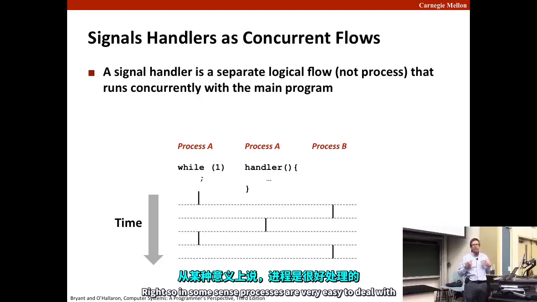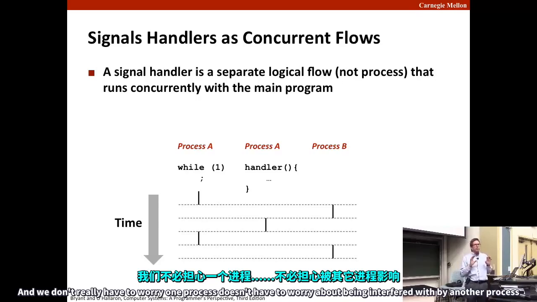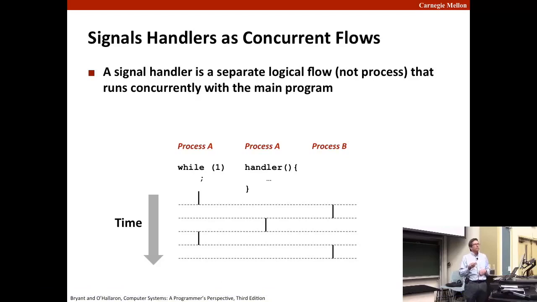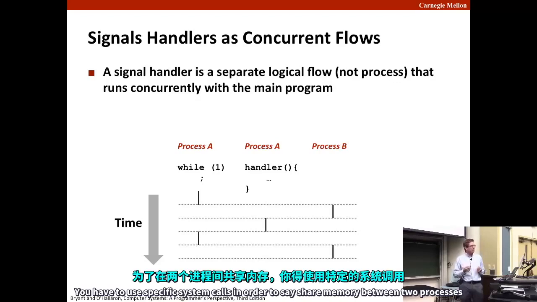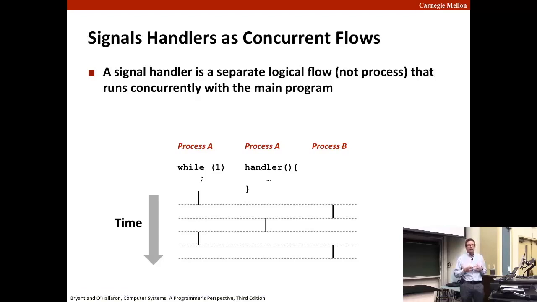So in some sense, processes are very easy to deal with, and one process doesn't have to worry about being interfered with by another process. In fact, you have to go to great lengths to share things between processes. You have to use specific system calls in order to, say, share memory between two processes.